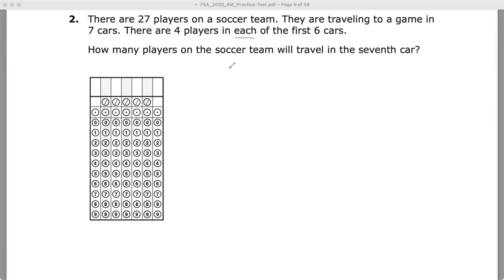So if we do 6 times 4, that's 24. And there's 27 players total. So if we subtract 27 minus 24, there would be 3 players left to be in the 7th car.